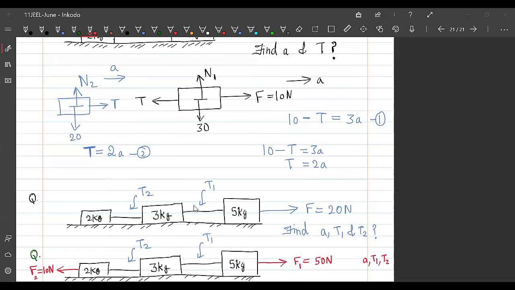So in this case, the acceleration will come out to be 20, that is 2 meters per second square. And tension in the first one will be 10, and in the second one it should be 14.